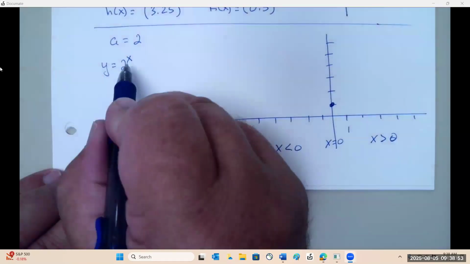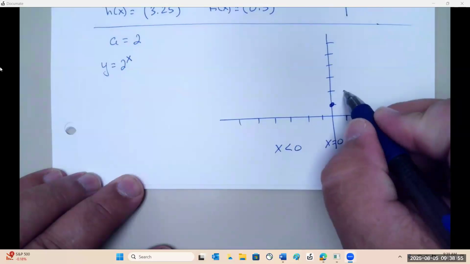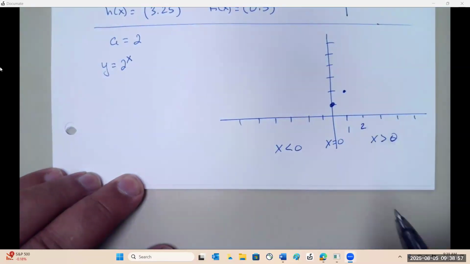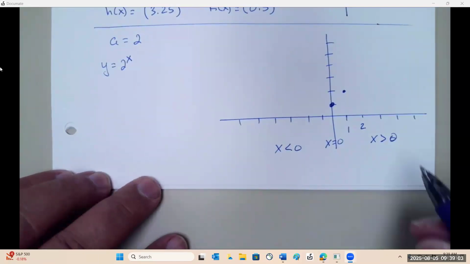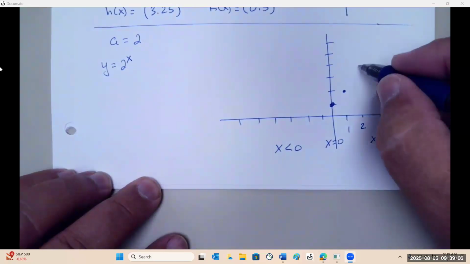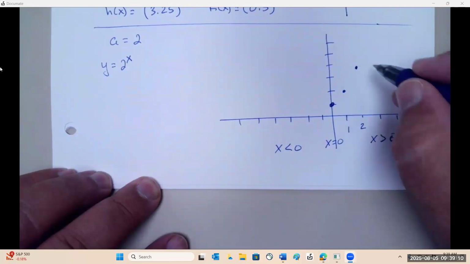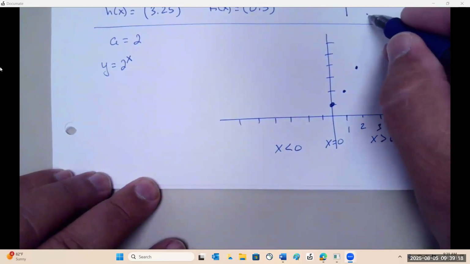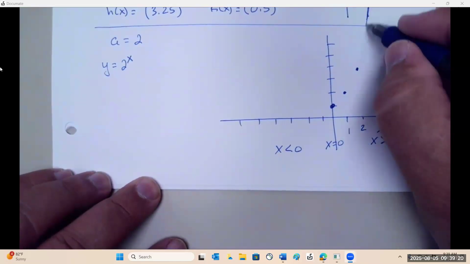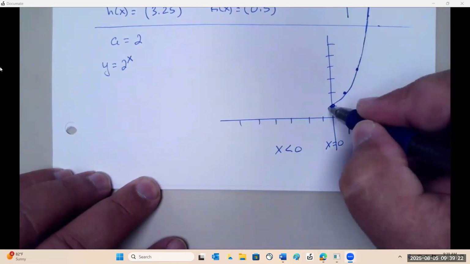Yeah, only 1, so it's 2. When x is 2, what's the answer? 4. When x is 3, what's the answer? 8. So you see, it keeps on going all the way up there.